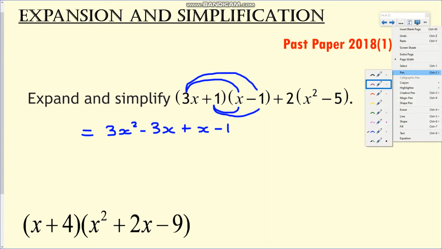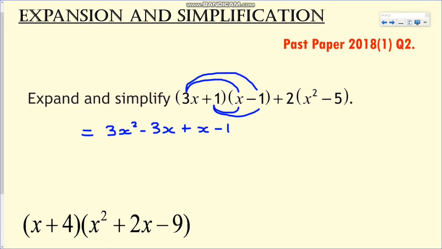The next part of this is going to be a single bracket expansion, and because I'm multiplying through by plus 2, I'm going to put my plus sign in here, and plus 2 times x squared gives me 2x squared. Then finally, plus 2 times minus 5 gives me negative 10.